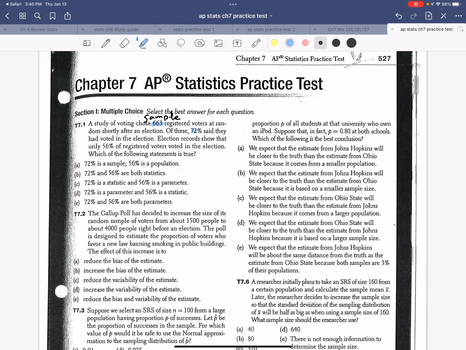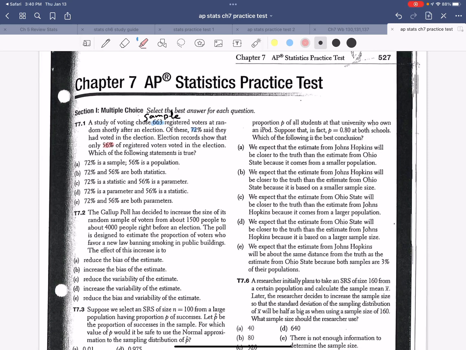The election record showed that only 53%, so this number describes the population, right? Once they tallied up all the numbers. So what is true? Well, this number describes the population, which is what we call a parameter. This number describes a sample, which is what we call a statistic.